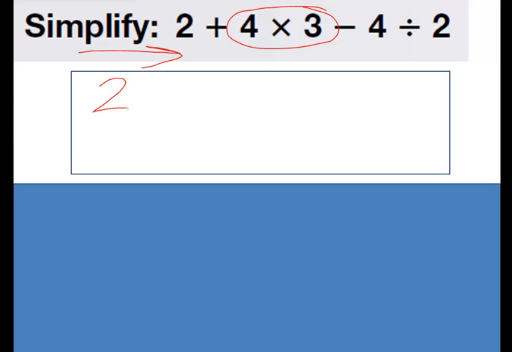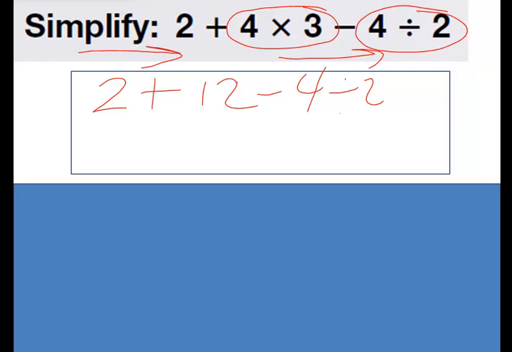So we're going to write our 2 plus 12, because 4 times 3 equals 12. Then it says minus 4 divided by 2. So we're going to keep on going to our right, and the next thing we come to is our 4 divided by 2. So we're going to do that next. So we've got 2 plus 12 minus, and 4 divided by 2 is 2.